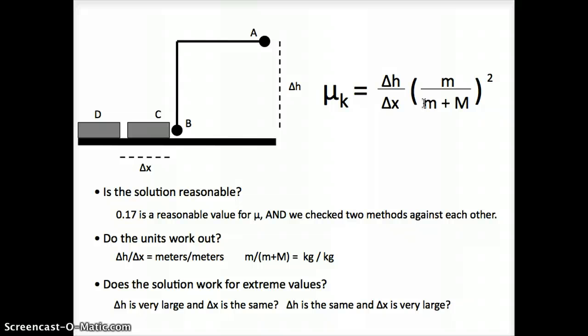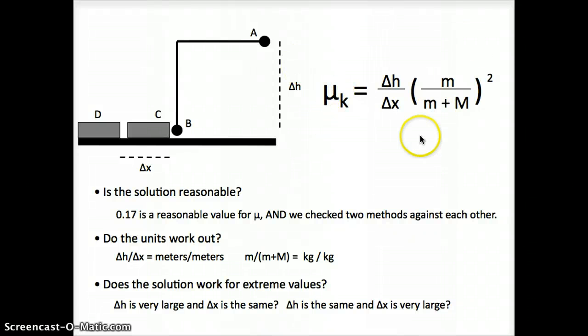The last question to ask yourself is if the solution works for really large values or really small values of the things that we've got here. For example, if I was to increase the delta H, the change in height of the bag, and the delta X was to stay exactly the same, then I would expect that would require a much bigger coefficient of friction.